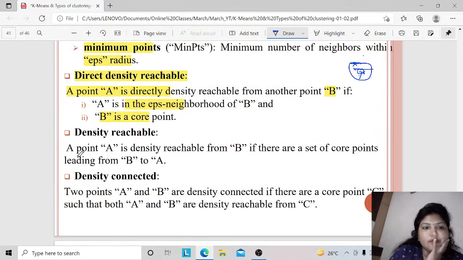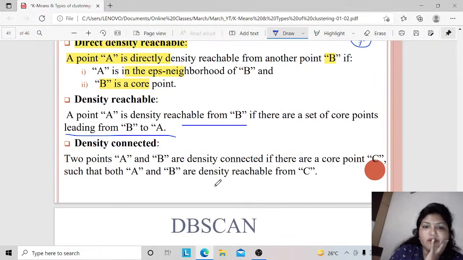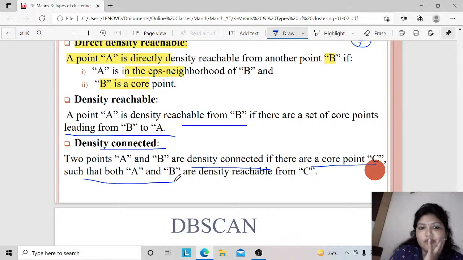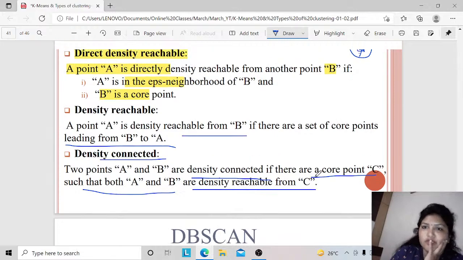Density reachable: a point A is density reachable from B if there is a set of core points leading from B to A. Density connected: 2 points A and B are density connected if there is a core point C such that A and B are both density reachable from C. So like this.